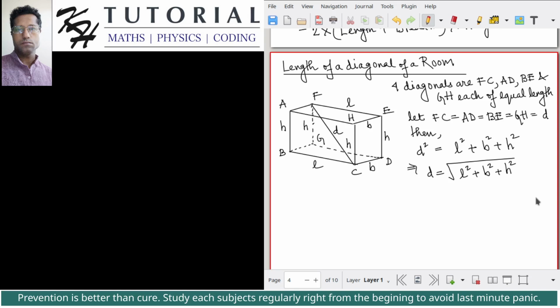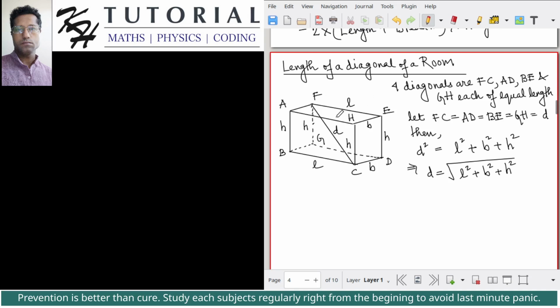Geometrically, the diagonal of a room is the distance between any 2 opposite corners of a room, and those 2 corners should not be in the same face or in the same wall.